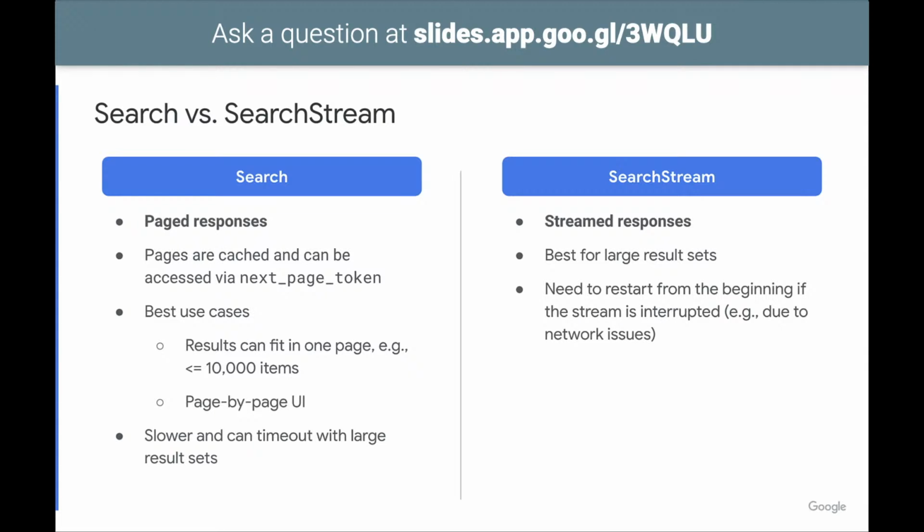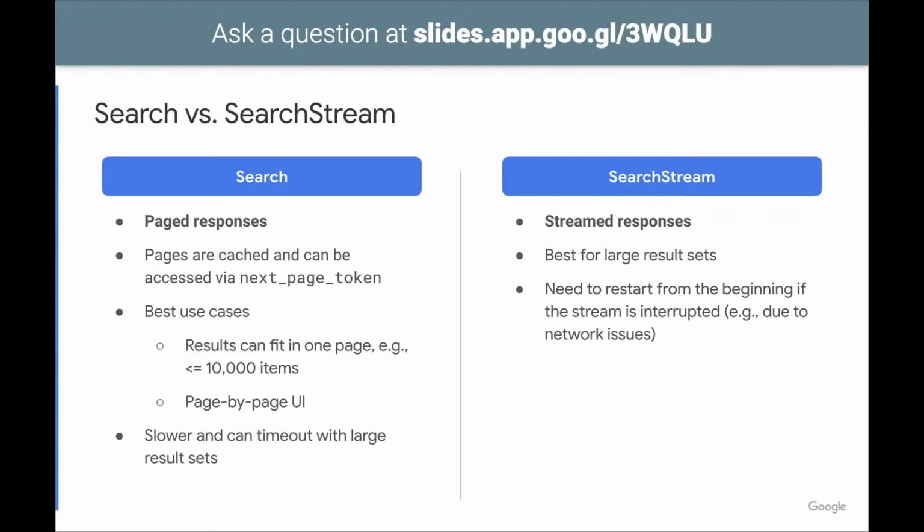Another good use case is if you have a UI that's presenting reporting results to end users, and it's a page-by-page UI, this might be a good use case where you can take advantage of the pages being cached, use that next page token, and then the results will be streamed a little bit more quickly to your end clients. One of the downsides, search can be slower than search stream, and it can time out with large result sets.